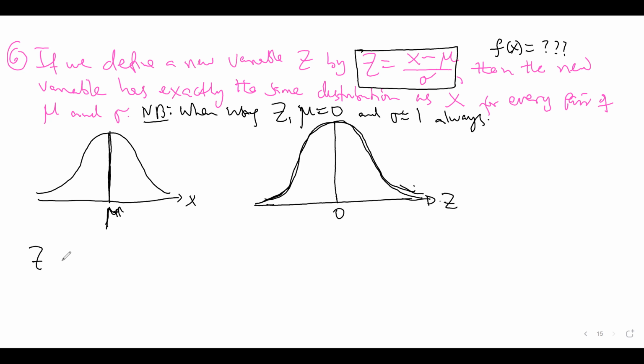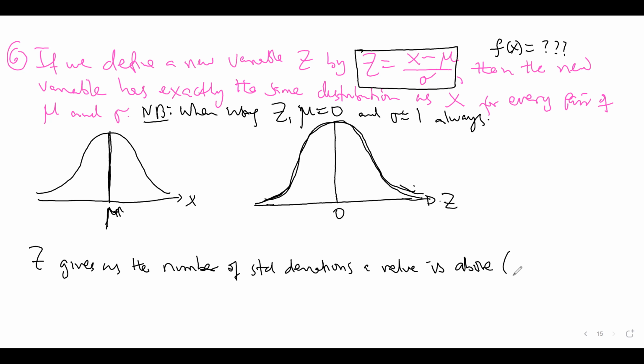So here z gives us the number of standard deviations a value is either above, if the number is positive, or below, if negative, the mean.